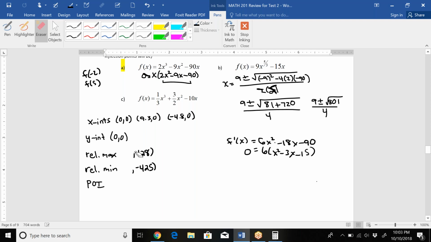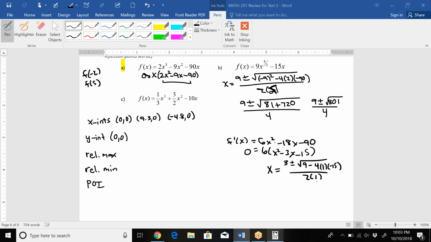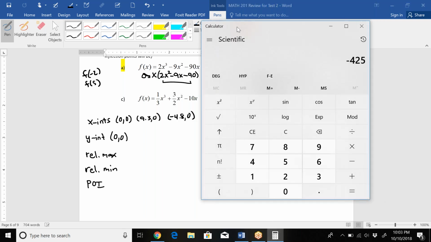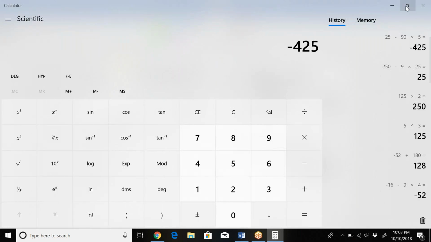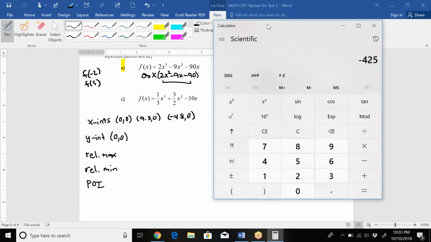Okay, so I've got to rework these. I'm close, but they're not the right answers because this does not actually factor. So we have to use quadratic formula again. Yay for that. So x equals negative b plus or minus square root. B squared is 9 minus 4ac all over 2a. So that would be, I mean, the test is going to come out the same. We were just slightly off on our values.